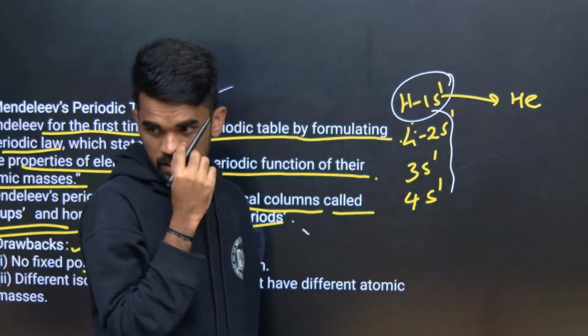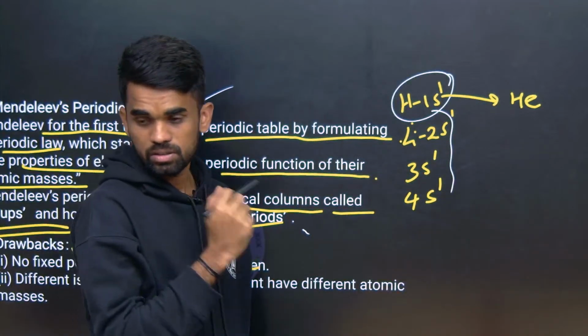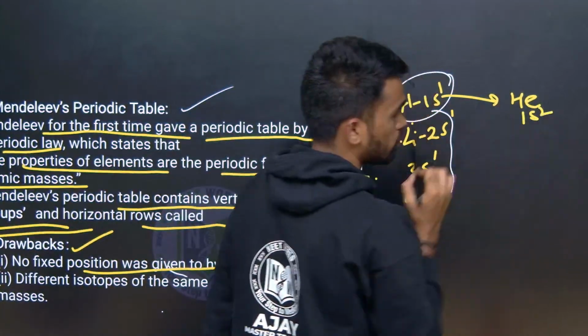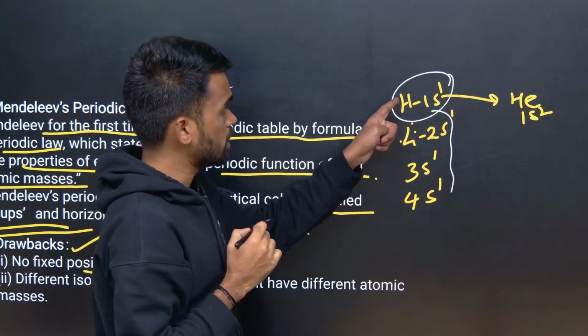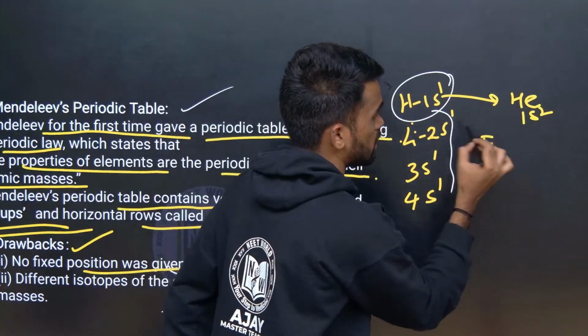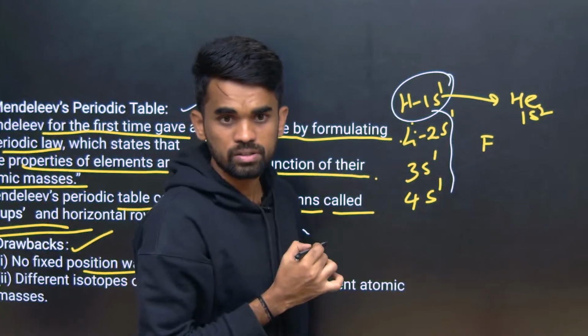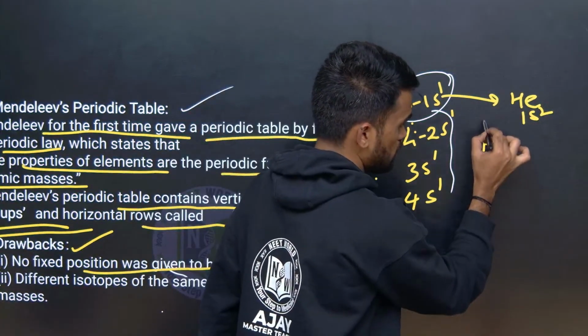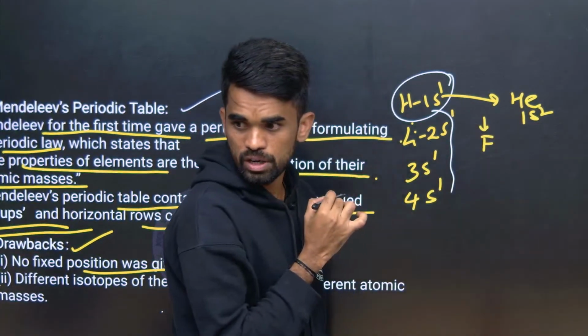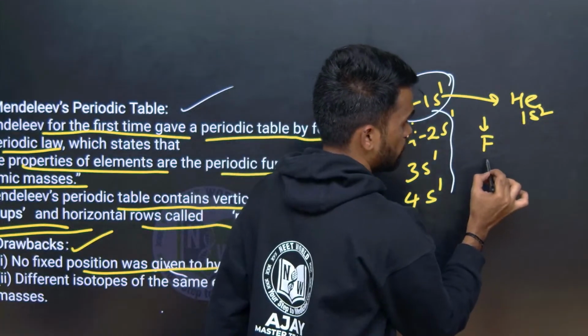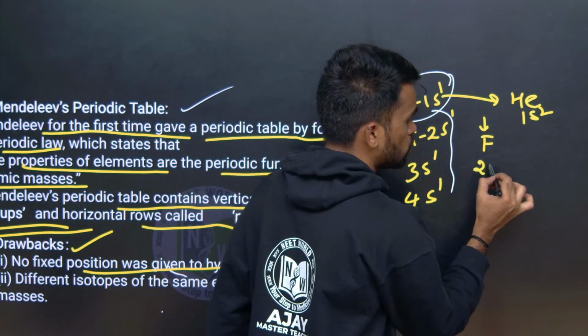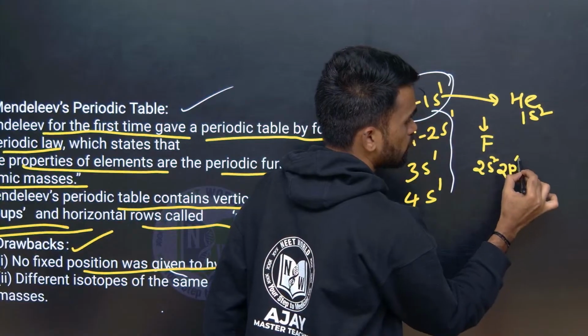What is the helium configuration? 1s2, right? Now it is something like fluorine. What is the fluorine electronic configuration? It is a halogen, na? Fluorine is 1s2, 2s2, 2p5.